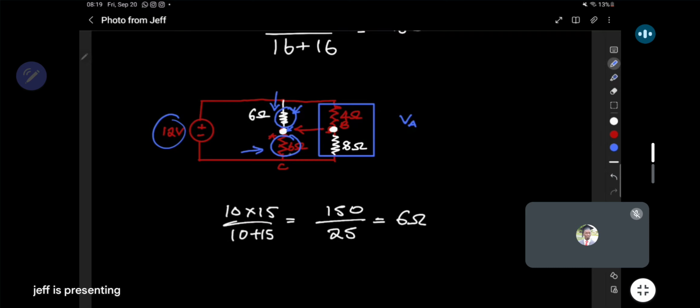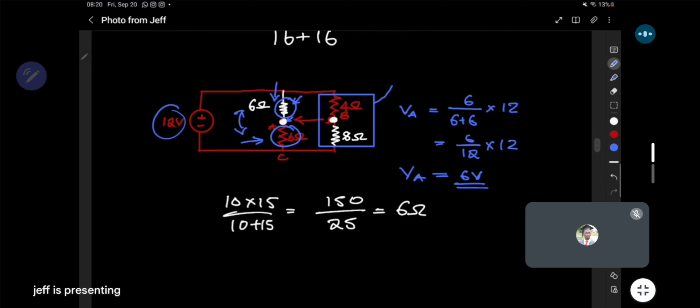So to find the voltage that goes toward this resistor by voltage division, it's that same resistor, 6 ohms, divided by the sum of the two resistors in series, which is 6 and 6, multiplying the voltage they were sharing. We see that this will be 6 over 12 multiplying 12. We see that the voltage that goes down there will have to be 6 volts. So VA comes out as 6 volts.